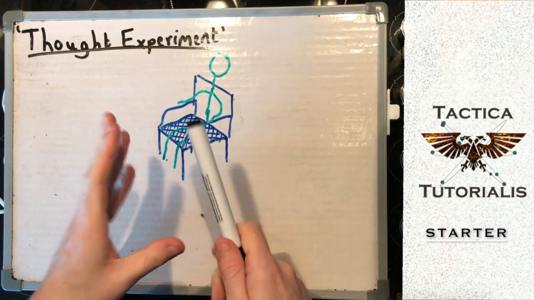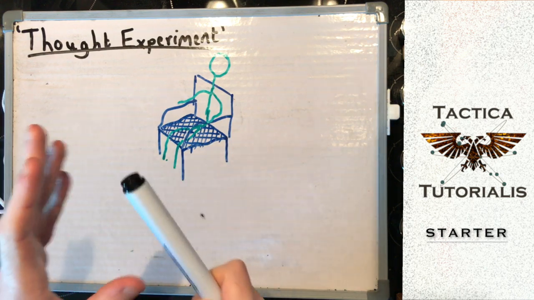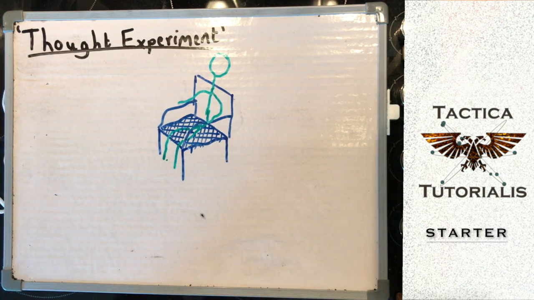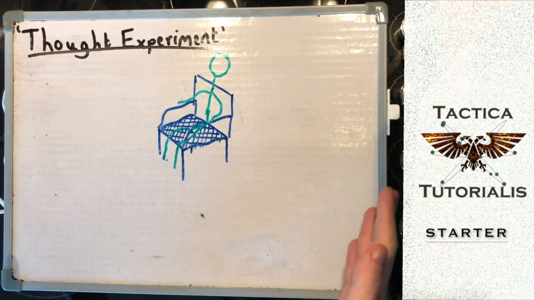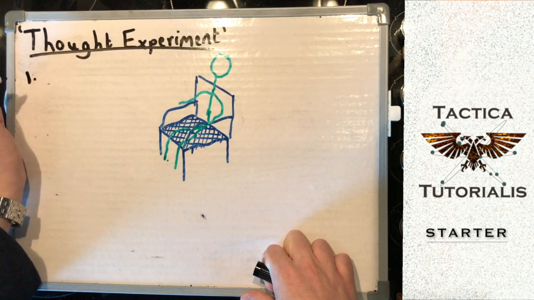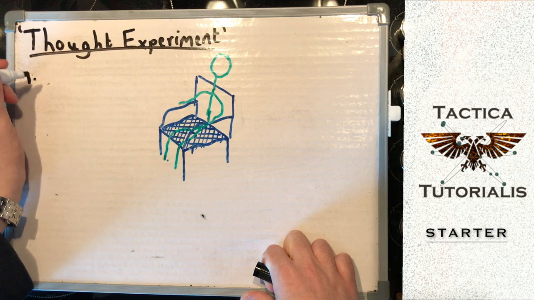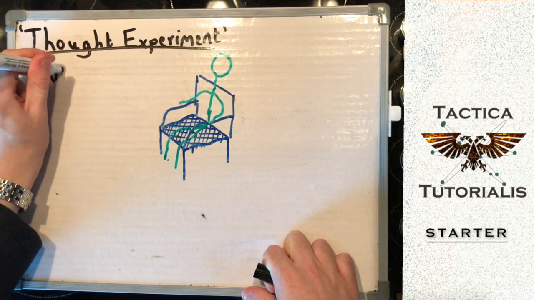So right here, we have a person sat on an armchair. I know I'm an absolute genius at art. I'm not. But there's a person sat in an armchair right now, and they're just sat there, chilling. Maybe they've dozed off and fallen asleep. I don't know. And I have a few questions. So the first of my questions is, well, why aren't they moving?